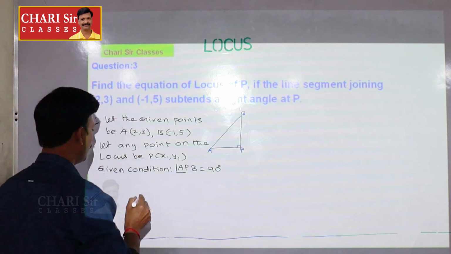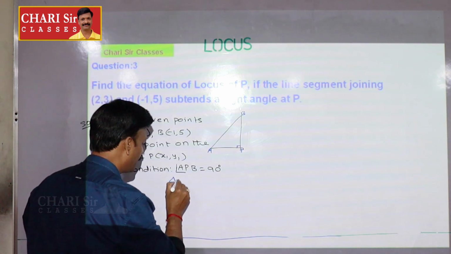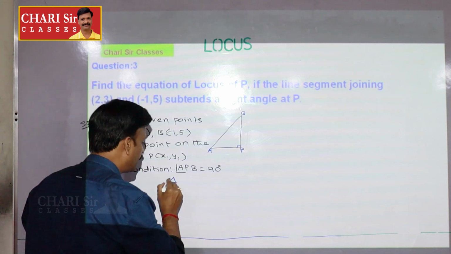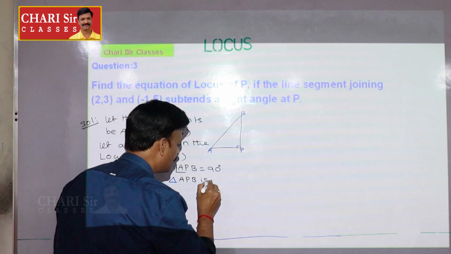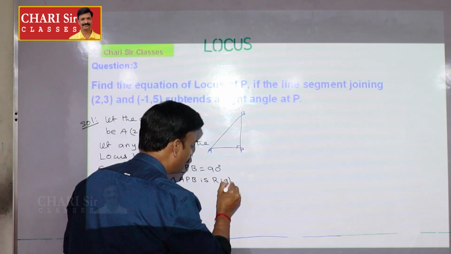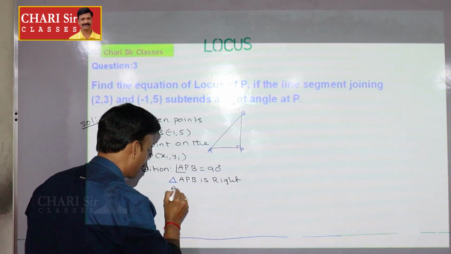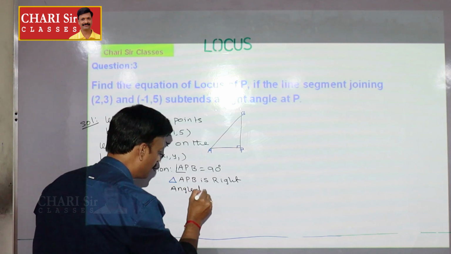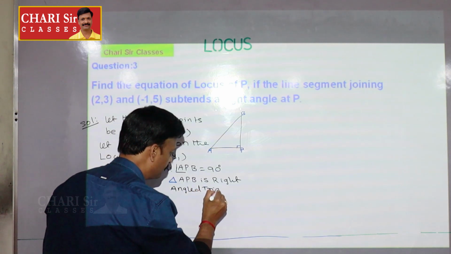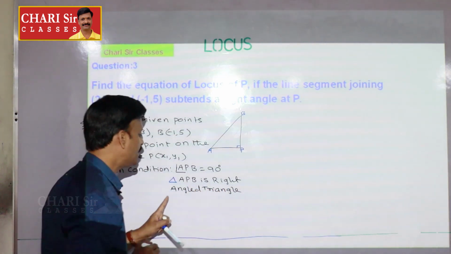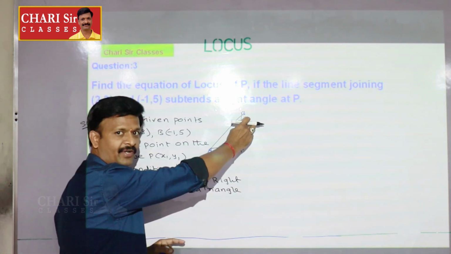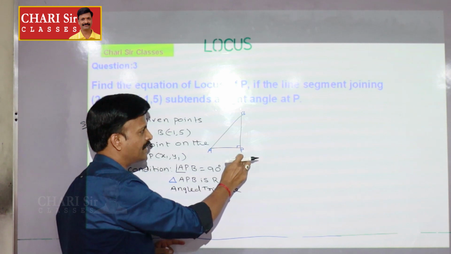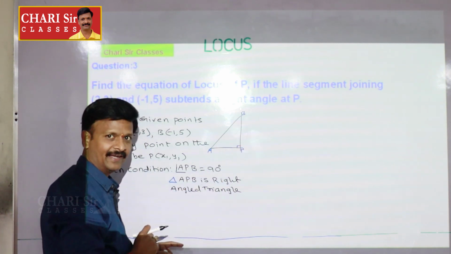Okay, so now we can also write that triangle APB is a right angled triangle. In right angle triangle PAB, AB is the hypotenuse and AP is one side and PB is another side.